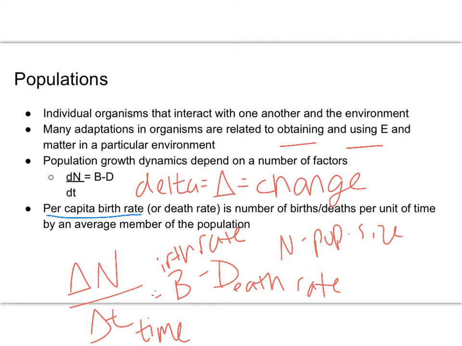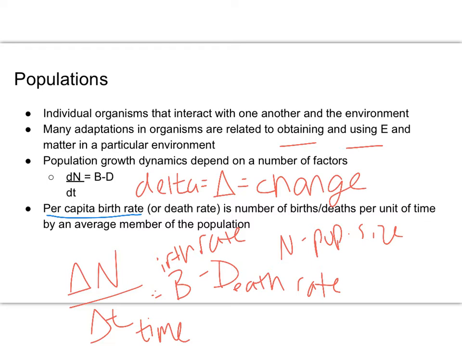Think of it as almost like a percent change when you factor in the entire population. You'll calculate it very similar to how you would calculate a percent. You take your birth rate or death rate over the entire population.